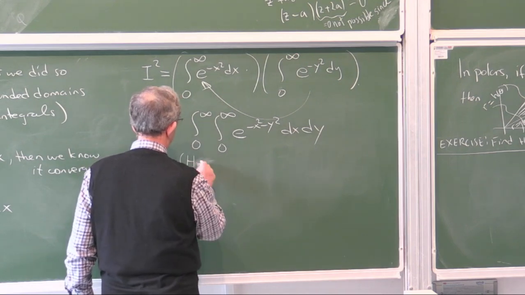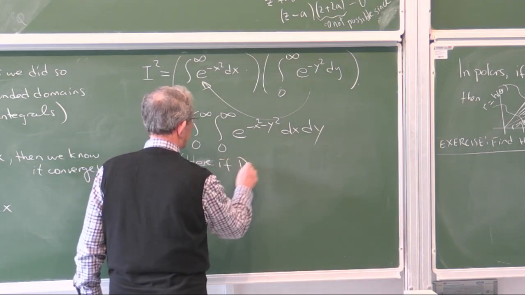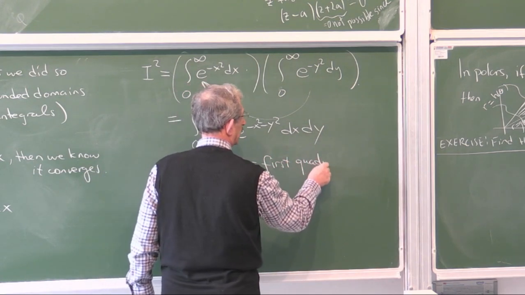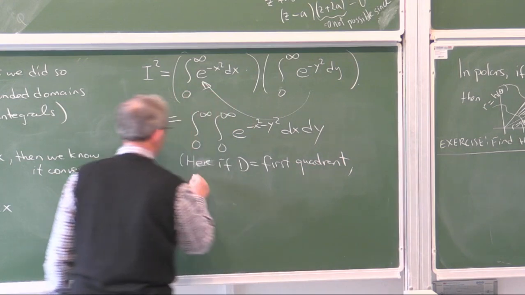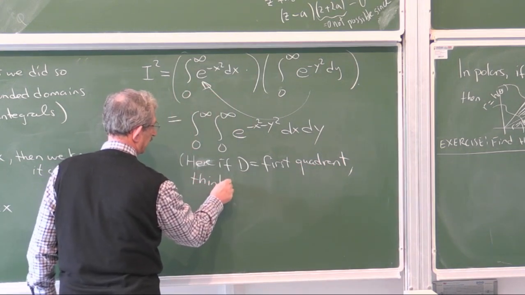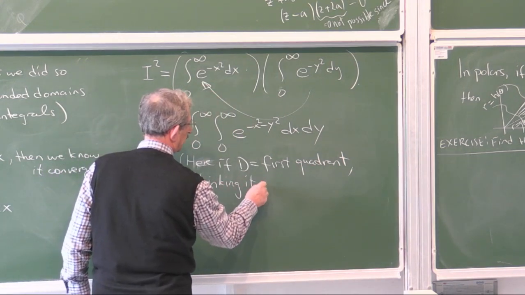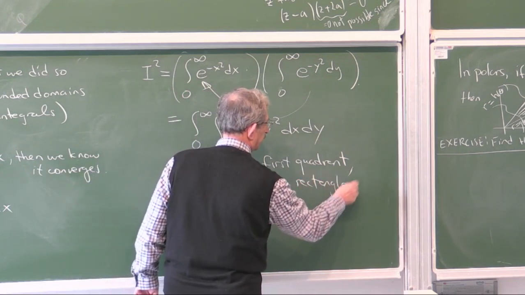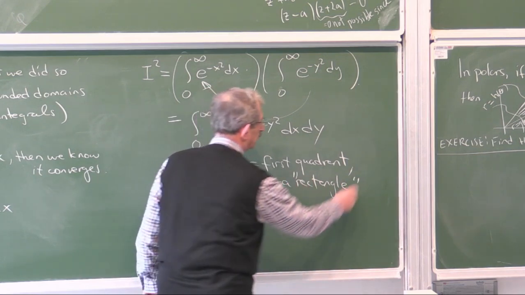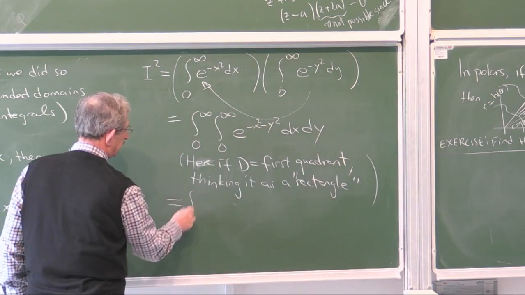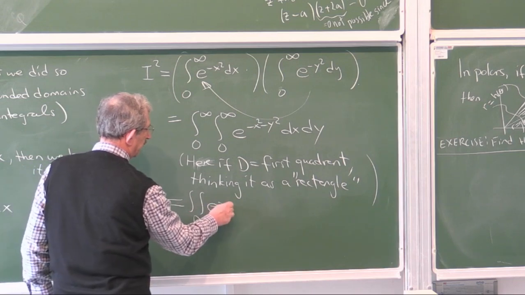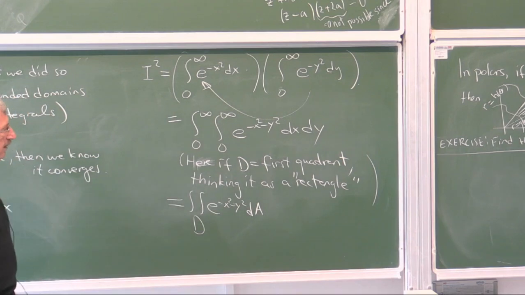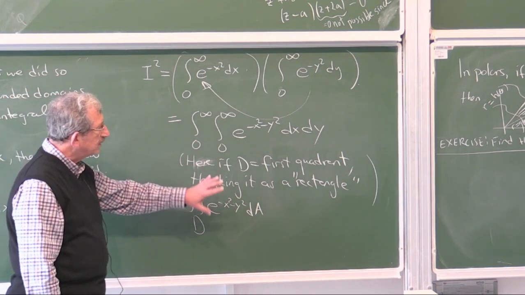If D is the first quadrant, thinking of it as an unbounded rectangle, we get the integral over D of e to the minus x squared minus y squared dx dy. Namely, think of the first quadrant as a rectangle.